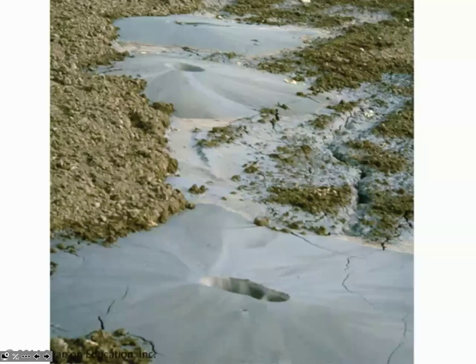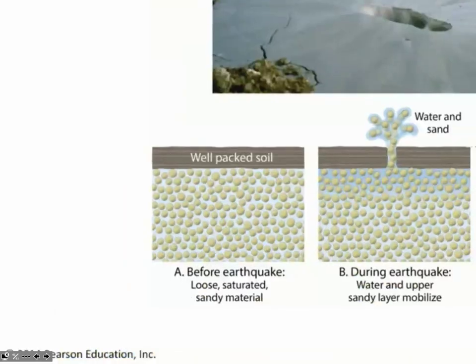Another aspect of seismic activity can be little sand volcanoes like the ones you see here. These form when you have a layer of loose material that's really saturated with water, and oftentimes it's capped with something that confines it, like well-packed soil in this diagram.